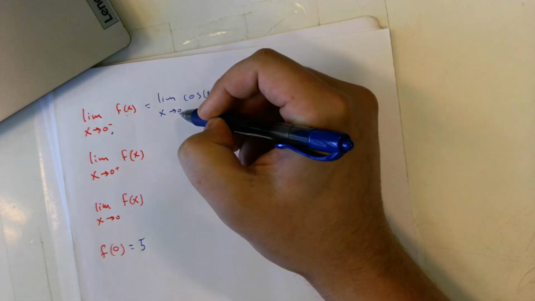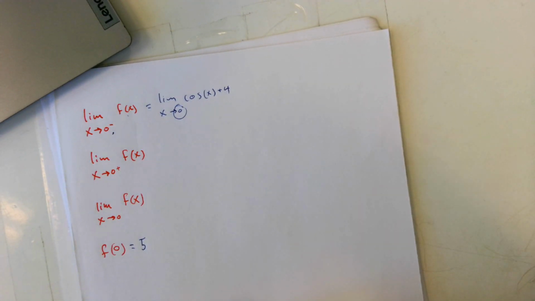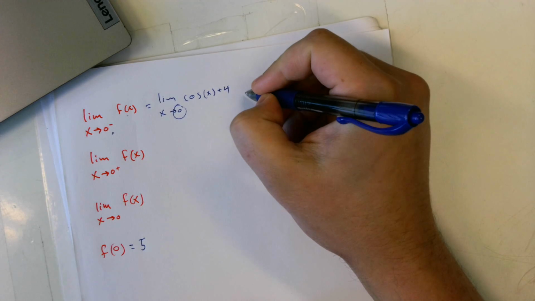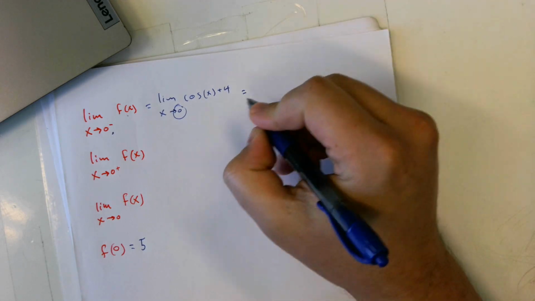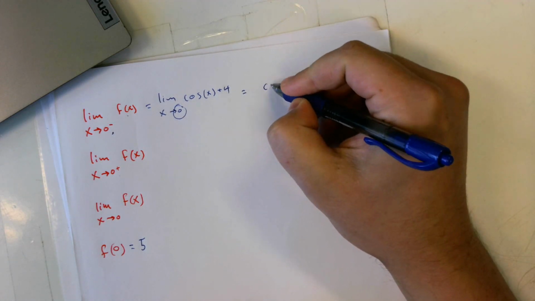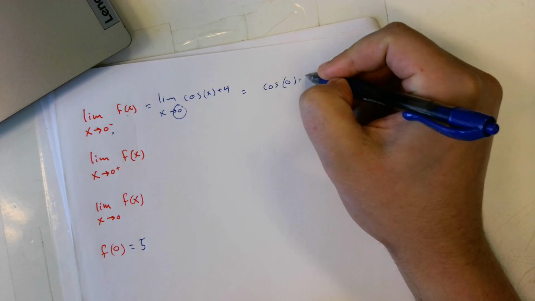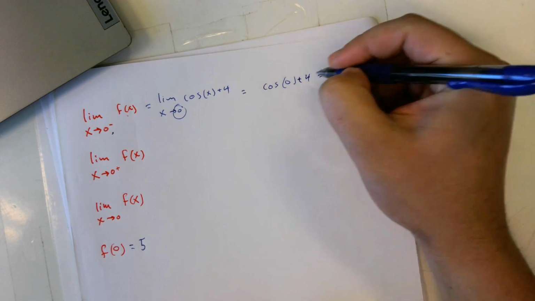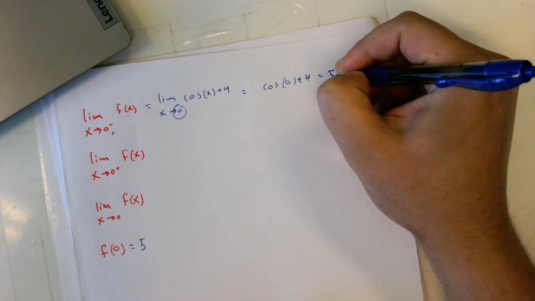Please note, I don't really need any notation around that 0 to say right or left, because on the left of 0, f of x is cosine of x plus 4. Let's plug in 0. We get cosine of 0 plus 4. I had an awesome pre-calc teacher, so I know that cosine of 0 is 1. 1 plus 4 is 5.